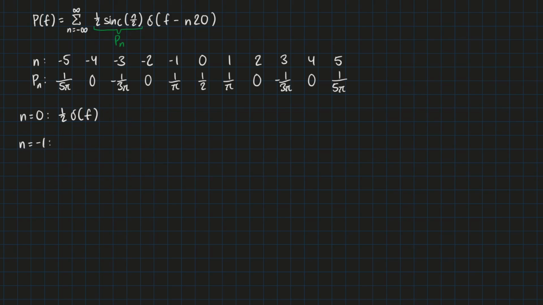For n equals negative 1, we're going to have P_-1, which is 1 over π, times delta of f minus n, which is negative 1, times 20. This would just be f plus 20. For n equals 1, we have 1 over π times delta of f minus 1 times 20, or just f minus 20. And then we can continue this for some of the other harmonics.